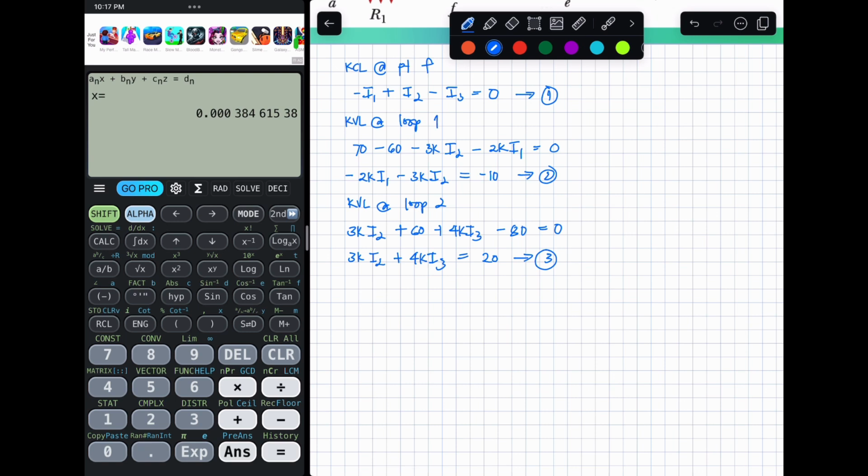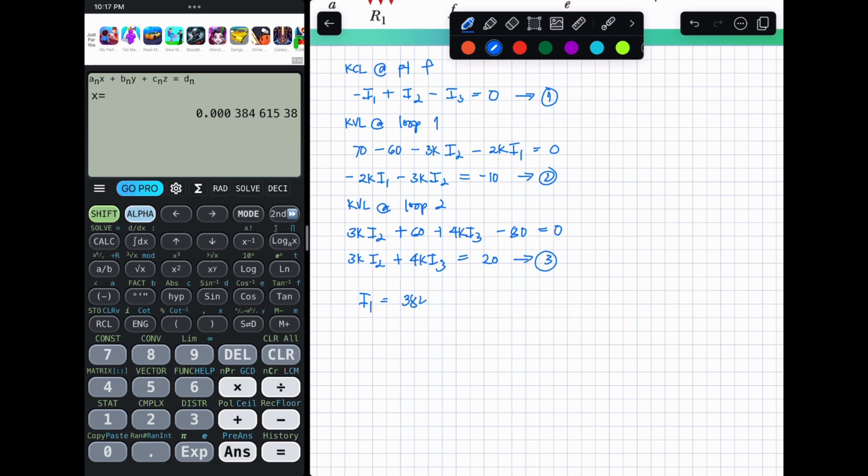So that makes I1 around 384.62 microampere. I2 is 3.08 milliampere.